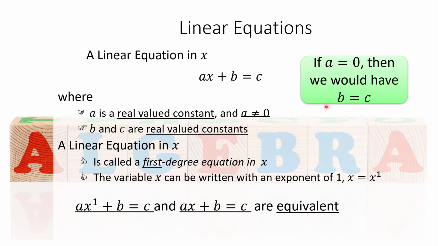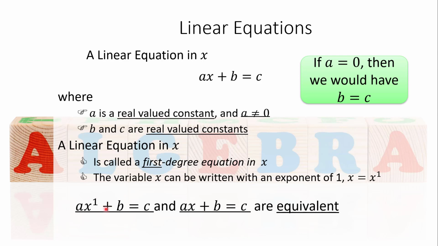Another thing about the linear equation is that it is considered a first-degree equation in x. And why do we say it is a first-degree equation in x? Because the term of highest degree, in other words, the term which has the independent variable in it raised to a certain power, and that's power 1, determines the degree of an equation. Now this term right here, since it has an x raised to the first power, is a term of degree 1.